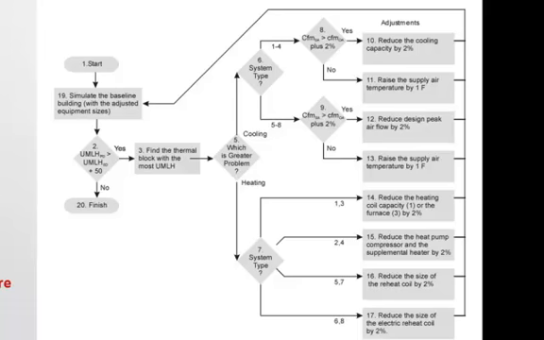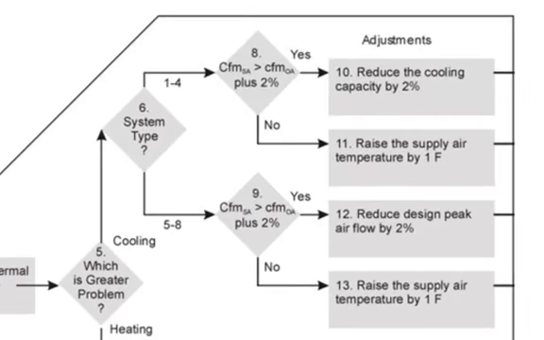So if the problem is cooling and the system type is 1 through 4, then you look and see if the supply air CFM is greater than or equal to the outside air CFM. And if the answer to that is yes, then you reduce the cooling capacity.